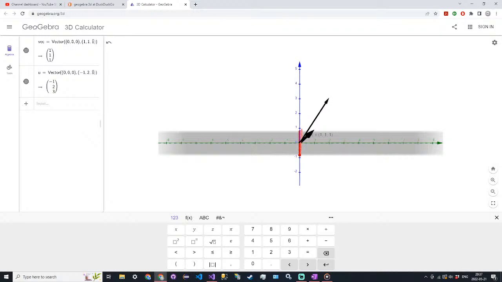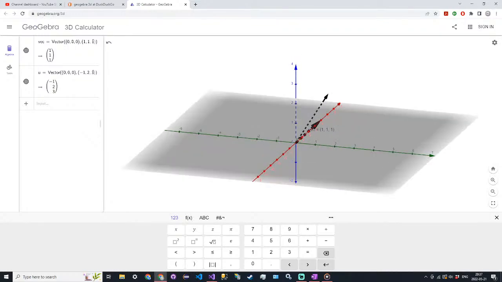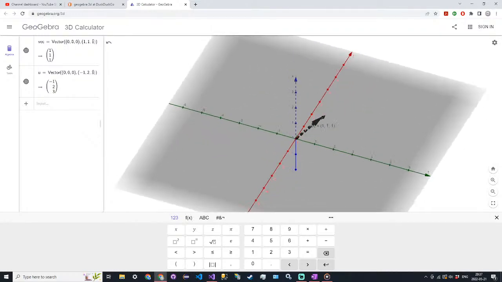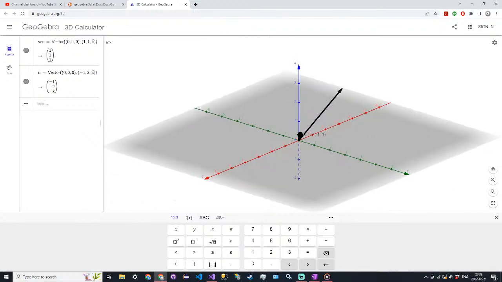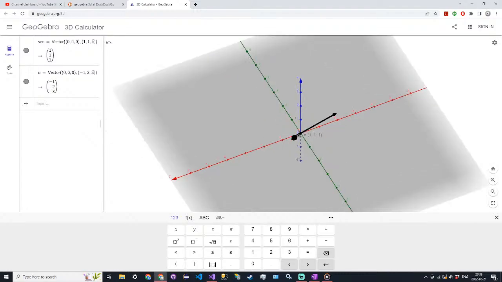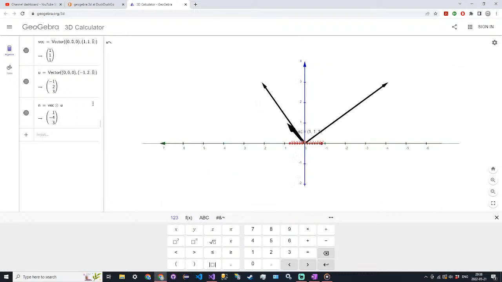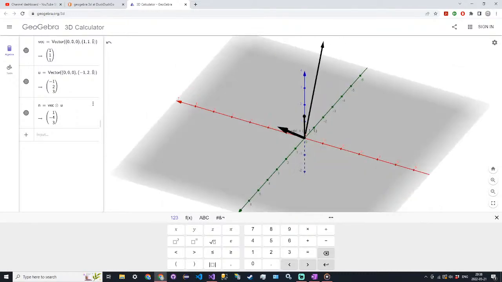So we have two vectors, and you can see that if I orient this in such a way, these vectors will be aligned. And then we're also going to create a plane. So we're going to have a vector n, we'll say, is equal to the cross product of vec and u. This cross product will be perpendicular to the vectors vec and u, where those are just the two bases there.